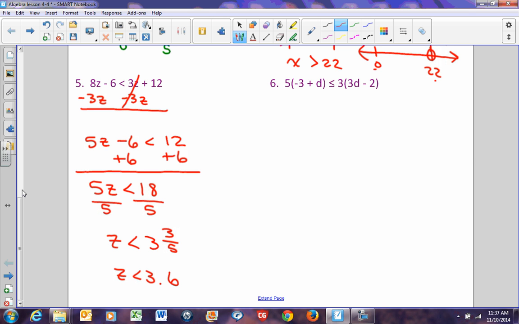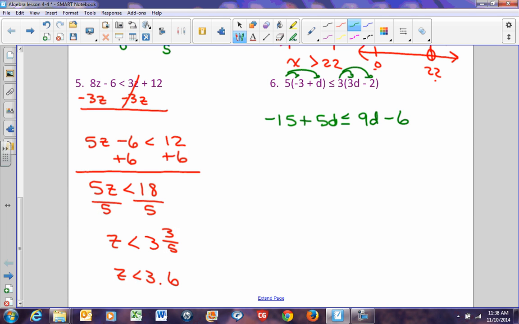Number 6, we have to do an awful lot of distributing before we get done. So I'm going to distribute my 5 into my -3 and my d, and I'm going to get -15 plus 5d. And then I have to do this again over here. Is less than or equal to 3 times 3d is 9d, and 3 times -2 is -6.